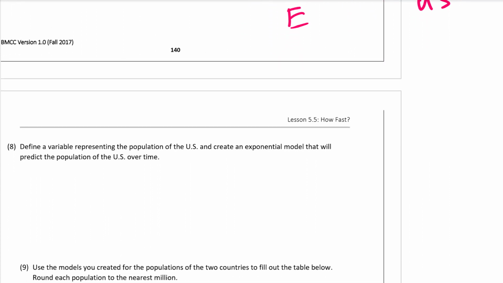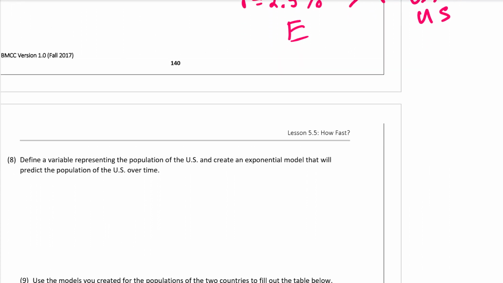Let's do this. It says define a variable representing the population of the US and create an exponential model that will predict the population of the US over time. What I'm going to do is I'll just use the same variables that were defined earlier the same way. So we're going to use U for the population of the United States in millions.